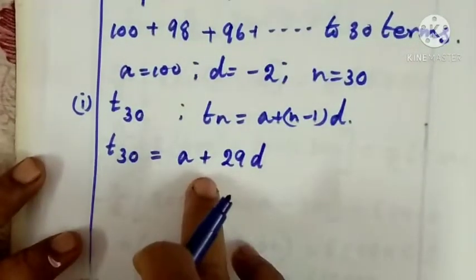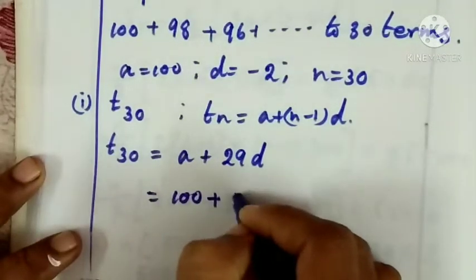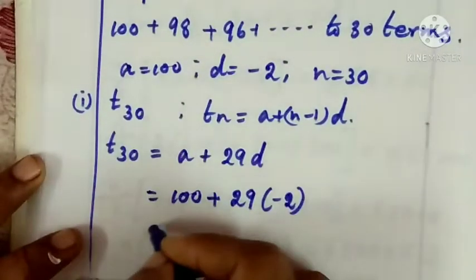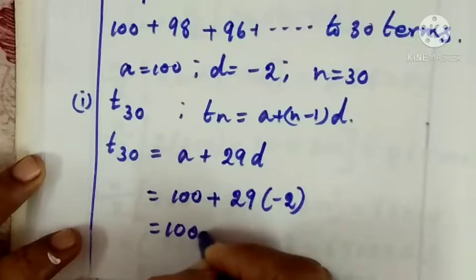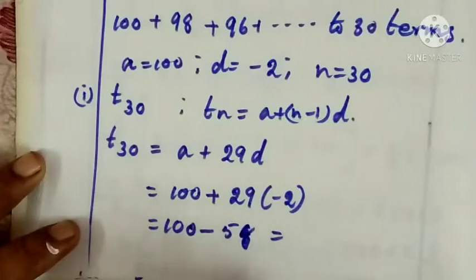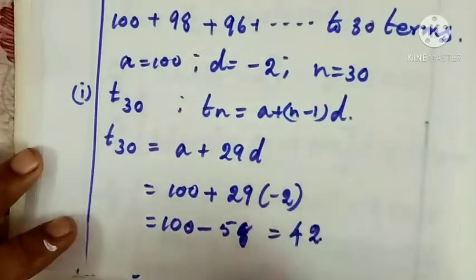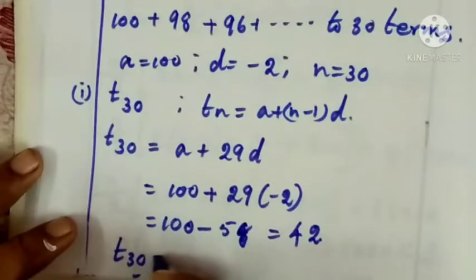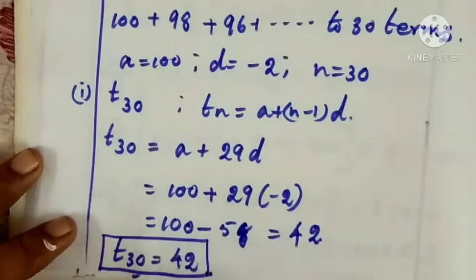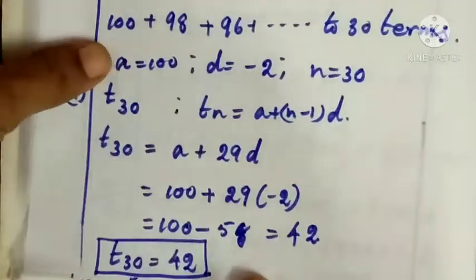Now you have to apply the values of a and d, that is 100 plus 29 into minus 2. Solving this, we get 100 minus 58, that is equal to 42. Hence, the value of T30 is equal to 42. This is the answer for the first subdivision.